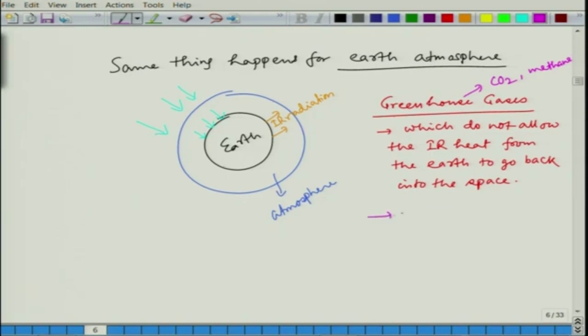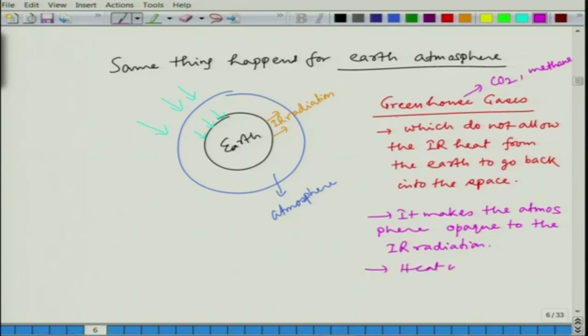It makes the atmosphere opaque to the IR radiation, so heat is trapped and makes our planet gradually hotter.